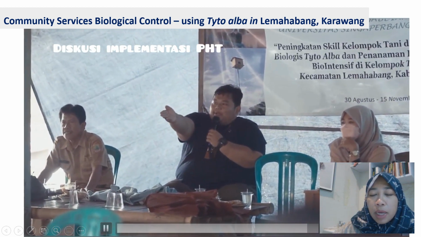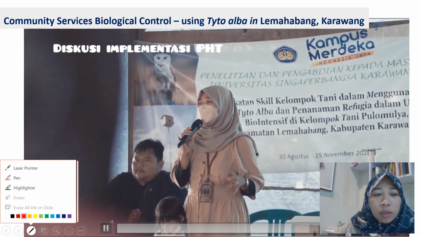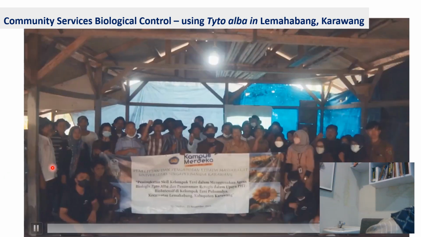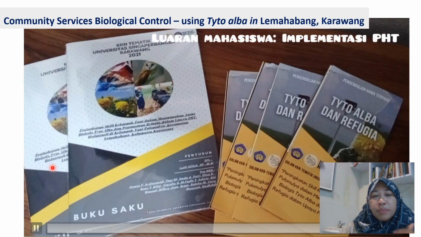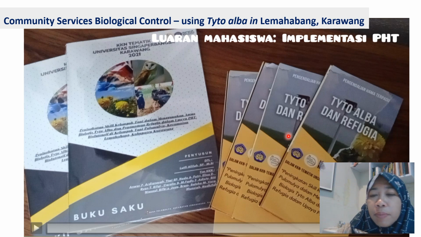And this is the miniature of rubuha, as you can see. KKN Pulau Mulia. This is the books and the leaflet that had been produced by this program.